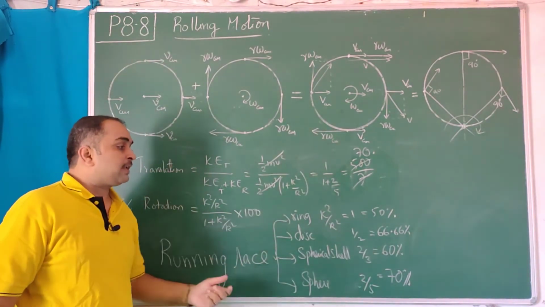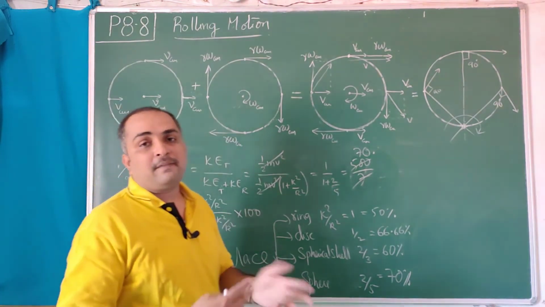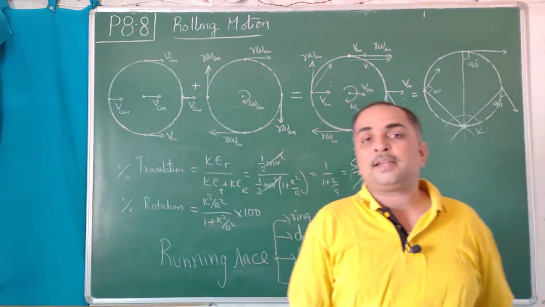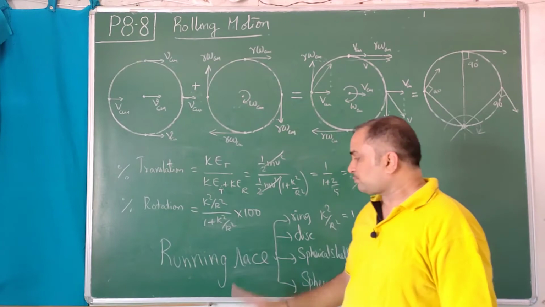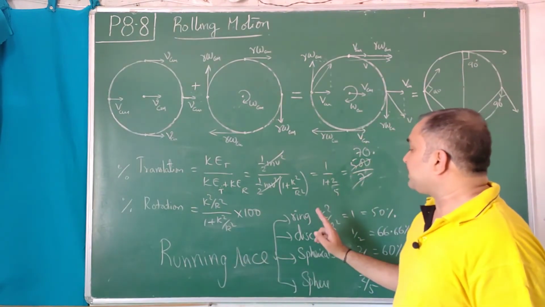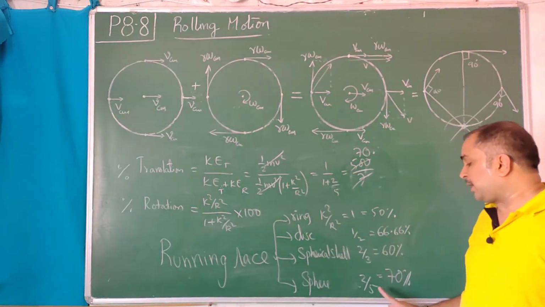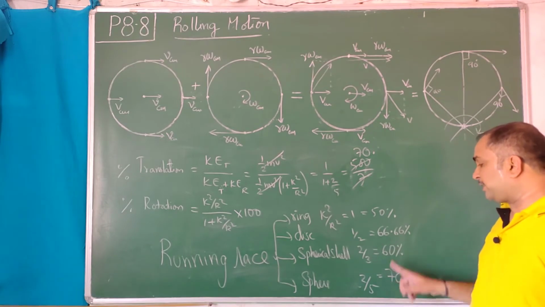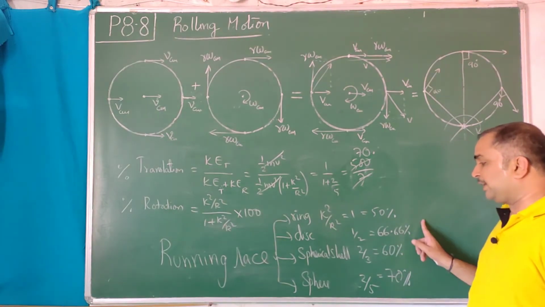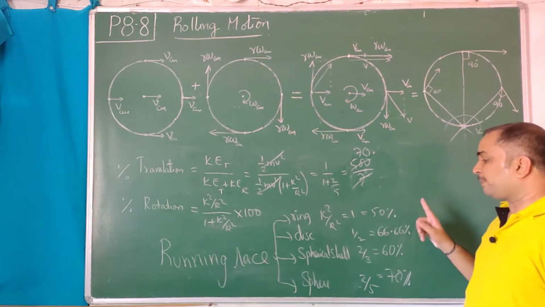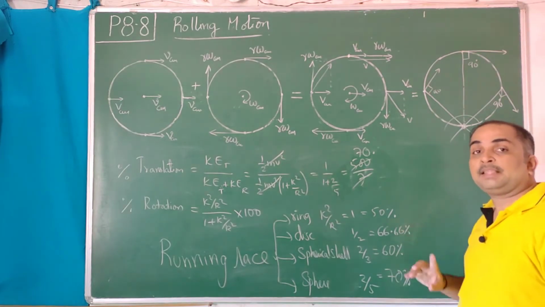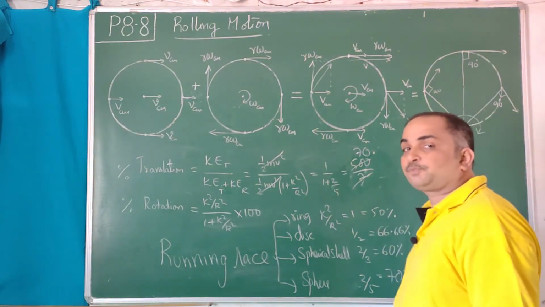And in all these cases, knowing the percentages, whatever way they create a race, if the rolling is pure rolling, ring always comes last and sphere comes first. First is solid sphere, second is solid cylinder, then hollow sphere and hollow cylinder. In that way the race will end.